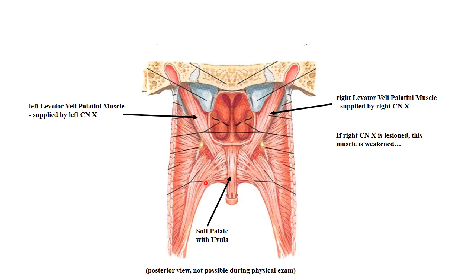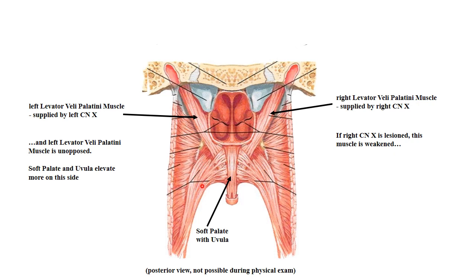And so which side of the soft palate is going to be raised higher? The answer is this side. The left levator veli palatini is unopposed, and so the left side of the soft palate is going to be elevated higher than the right side. And so we're going to have asymmetric elevation, this side higher than this side.